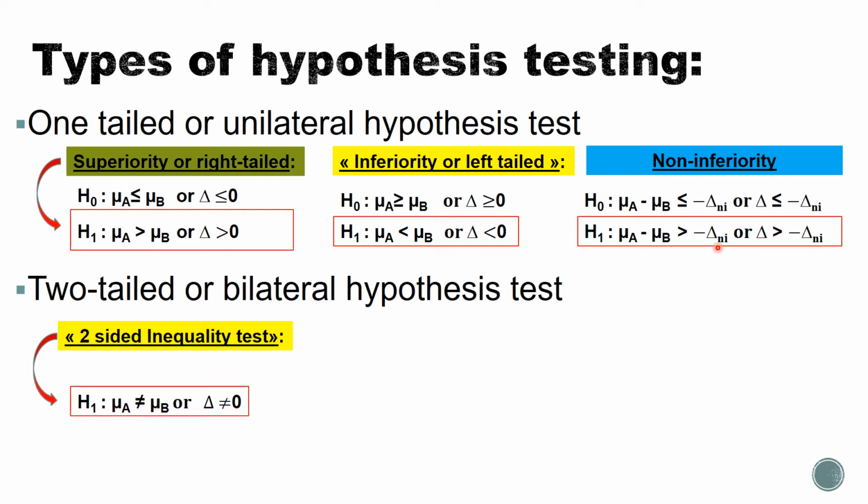But let's look at the inequality test. We are trying to say A is not equal to B. In other words, the difference between the mean ages of the populations would not be equal to 0. So it could be less than or greater than.